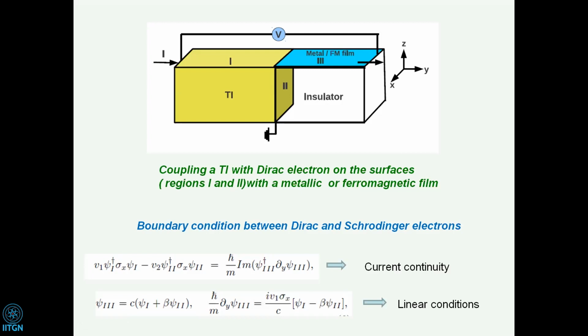Okay, this C is expected to be an order 1 number, but it could be anything. And essentially, to determine this, you need to do microscopics, okay, with the full 3D topological insulator. So this is something about the current conduction.